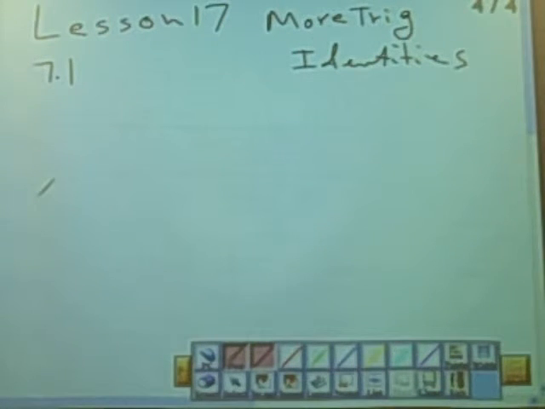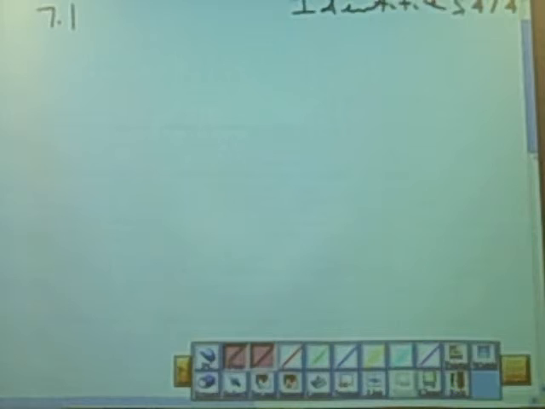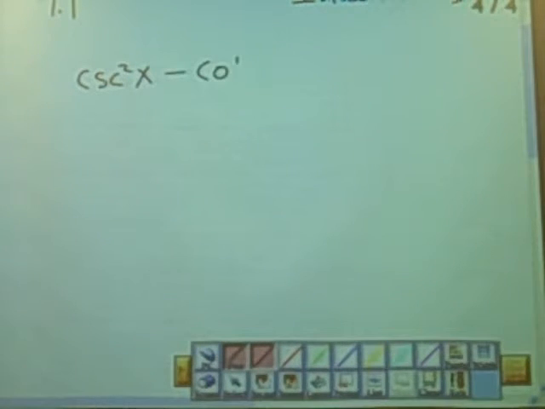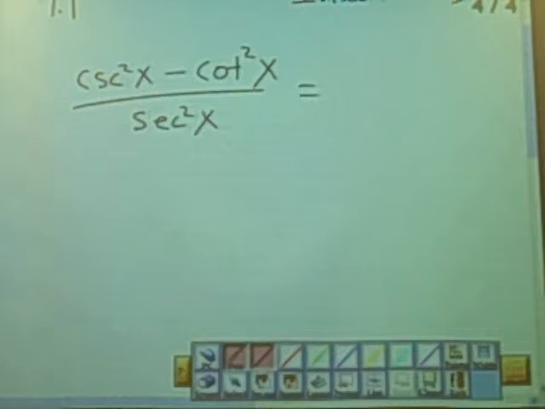So let's say that we have a problem such as cosecant squared x minus cotangent squared x over secant squared x. And we want that to be equivalent to cosine squared x.